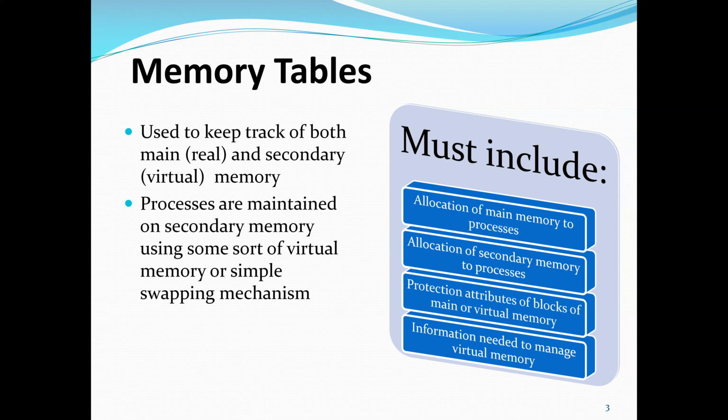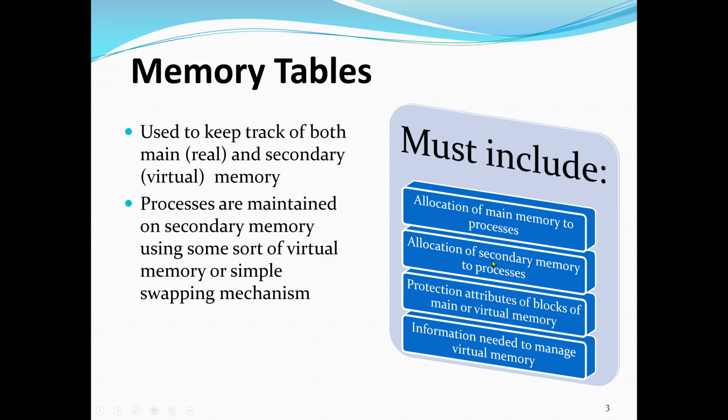The memory tables must include the following four pieces of information. First is the allocation of main memory to processes. Also, the allocation of secondary memory to processes.